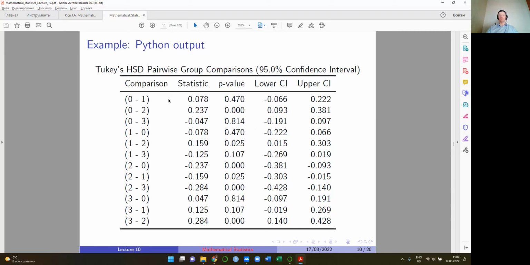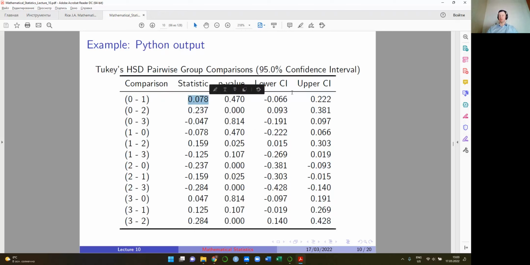So this is exactly the test for those 4 oil wells performed by Python. You see that it compares as usual. It is not well 1, well 2, well 3, well 4. As usual, Python counts everything from 0. So therefore, 0, 1 means we compare well 1 with well 2.